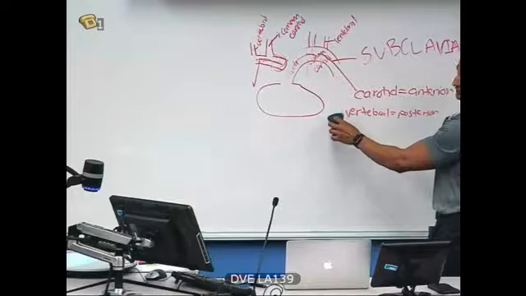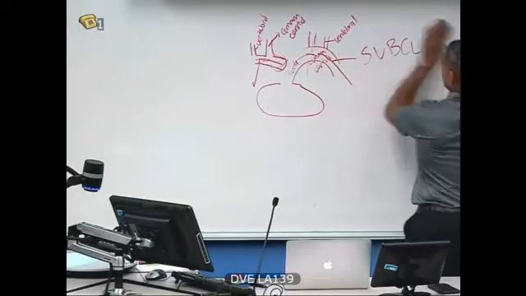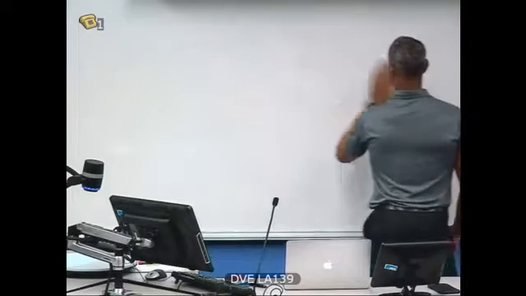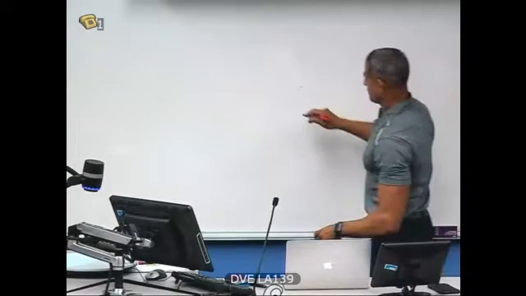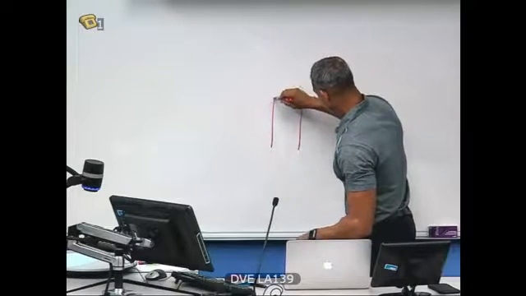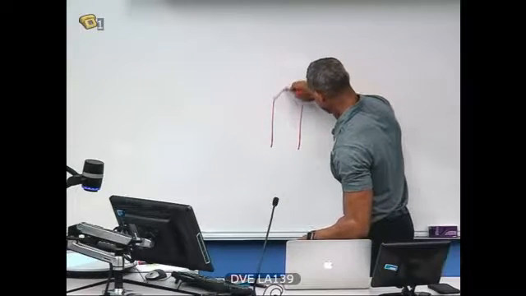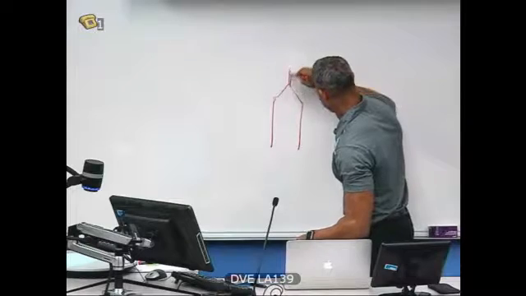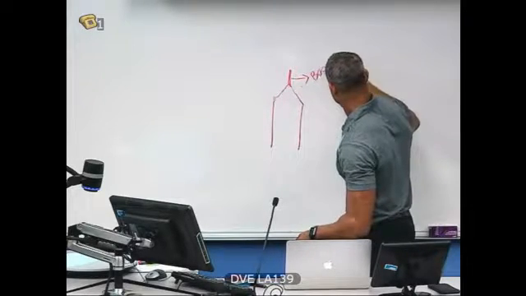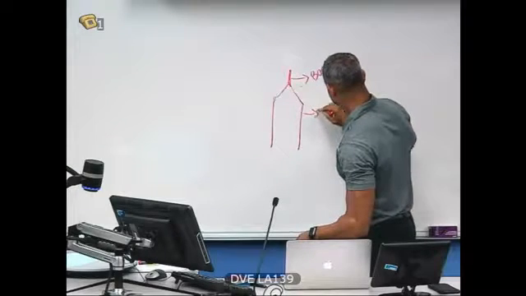You guys have that so far? Okay. So now we know where the vertebral artery is coming from. They're going to come up through the skull, and they converge and form one thick, big artery called the basilar artery. And again, these are vertebral.